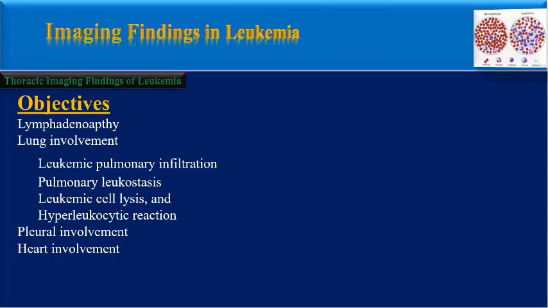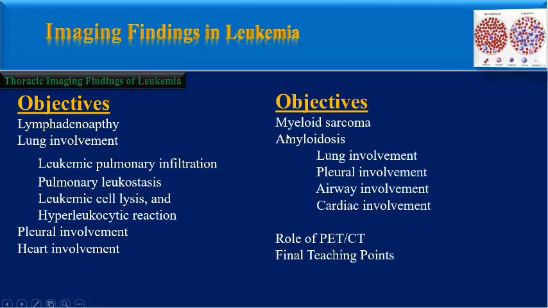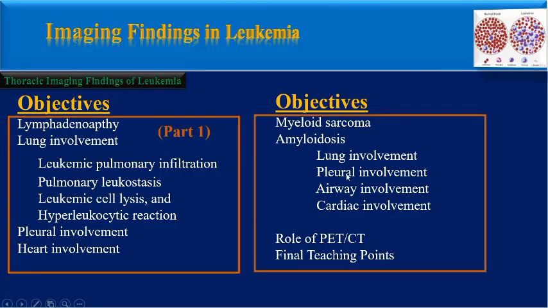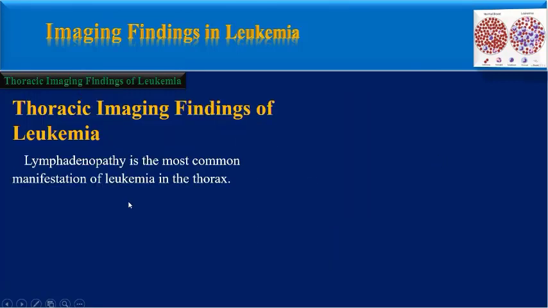In this presentation, I will talk about these sections: lymphadenopathy, lung involvement, including leukemic pulmonary infiltration, pulmonary leukostasis, leukemic cell lysis, hyperleukocytic reaction, pleural involvement, and heart involvement, and also myeloid sarcoma, amyloidosis, including lung, pleural, airway, and cardiac involvement, role of PET-CT, and final teaching point. You can see this section in video part 1 and this section in video part 2.